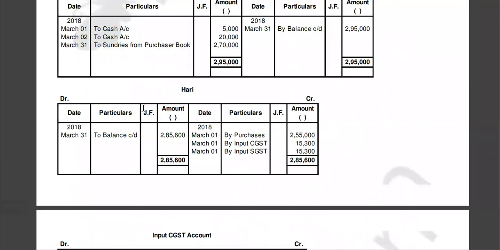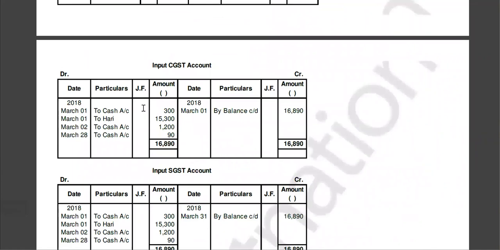See the CGST, as I told you, March 1, 2, 3, 4. 4 transactions, 4 times CGST. So input CGST 4.